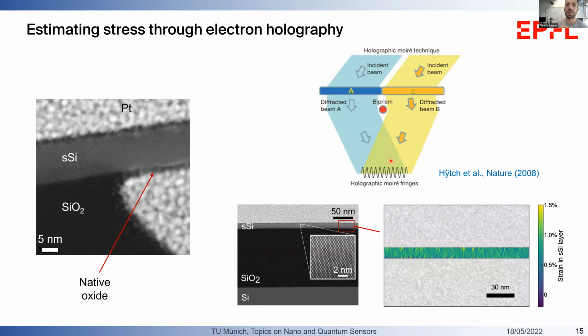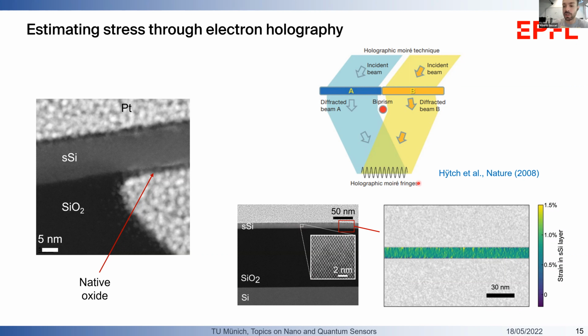Because you have different lattice constants in the silicon substrate and in the strained silicon layer, you will get different diffraction patterns, corresponding to some moire fringes on the detector.